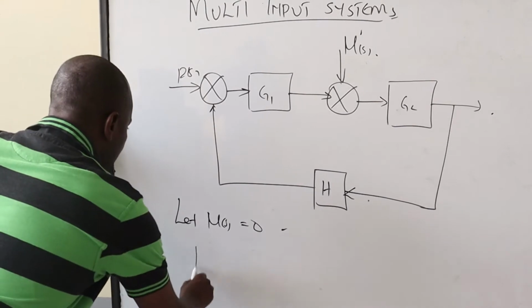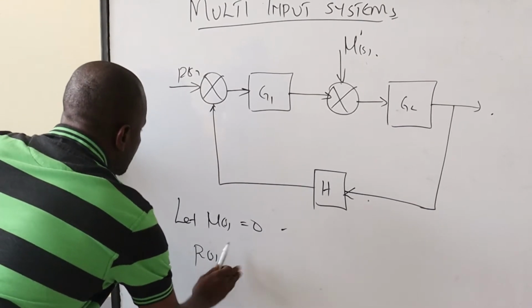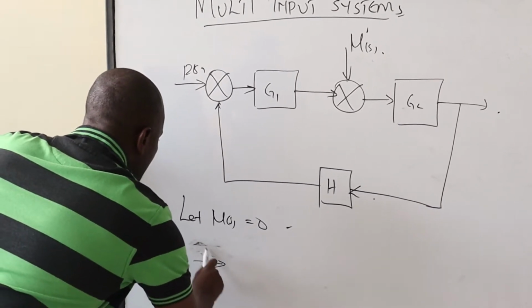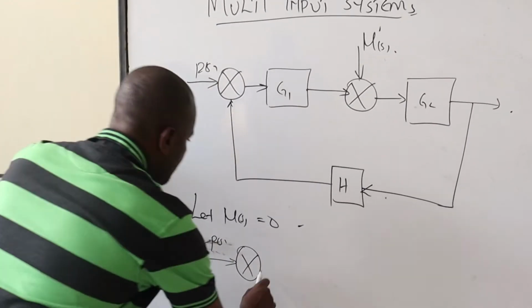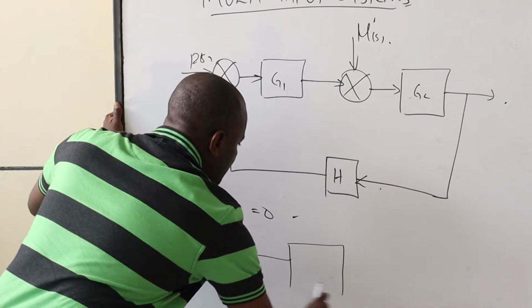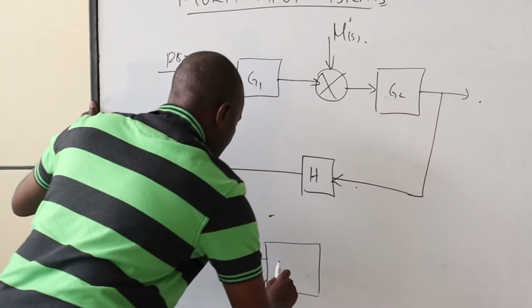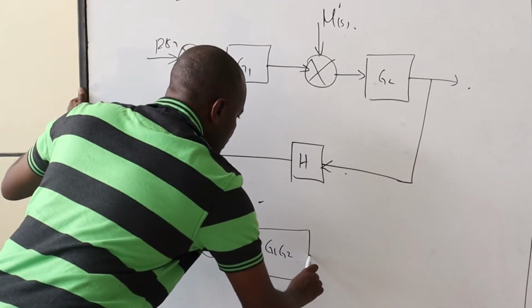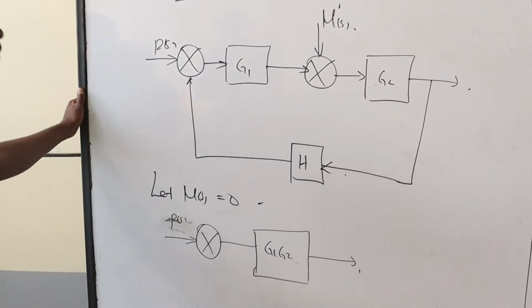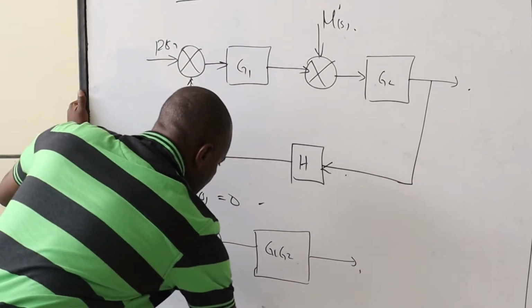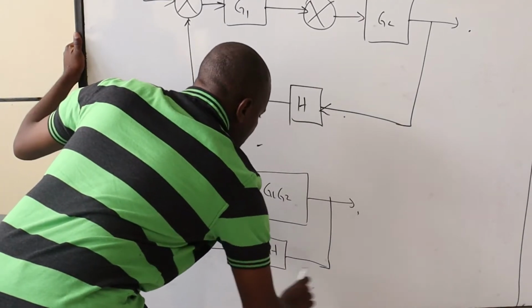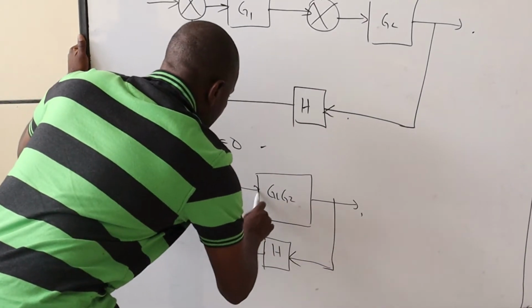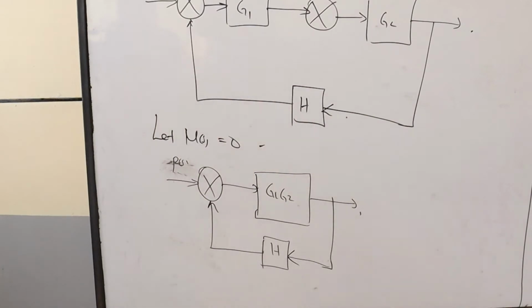Therefore, we have our input R of S, and our block diagram will have G1 and G2 in series, then we have the output, and of course we have H in feedback.